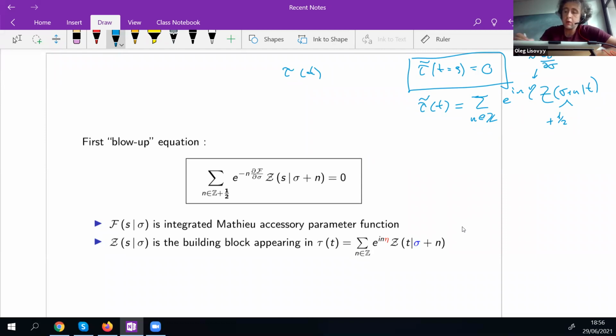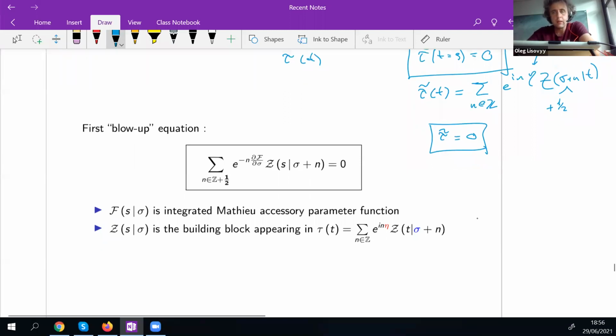Now this equation, tau twiddle equal to 0, gives us a first of the equations relating F and Z. It is possible to obtain yet another relation.